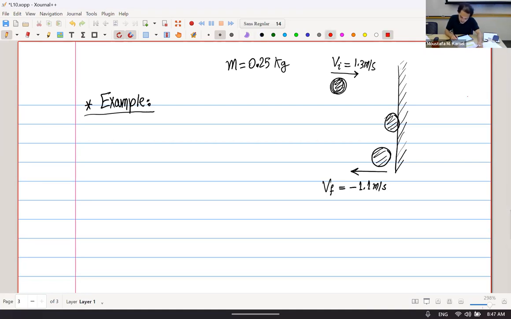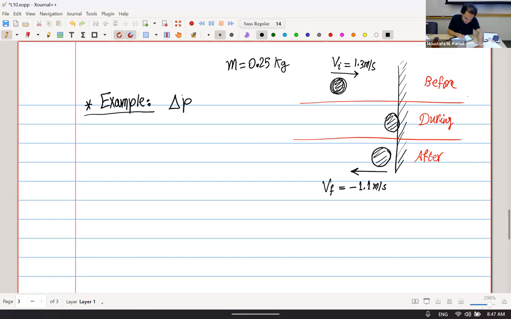Okay, so this here is before, this is during, and this is after. And in this question, we want to calculate the change in momentum and the impulse from the wall on the ball, okay?